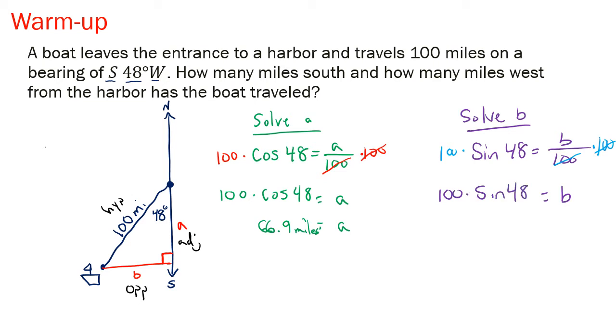So 100 times sine 48 is going to give us 74.3, and that's in miles. So now we have found the south distance, 66.9 miles, and then the west distance, 74.3 miles.